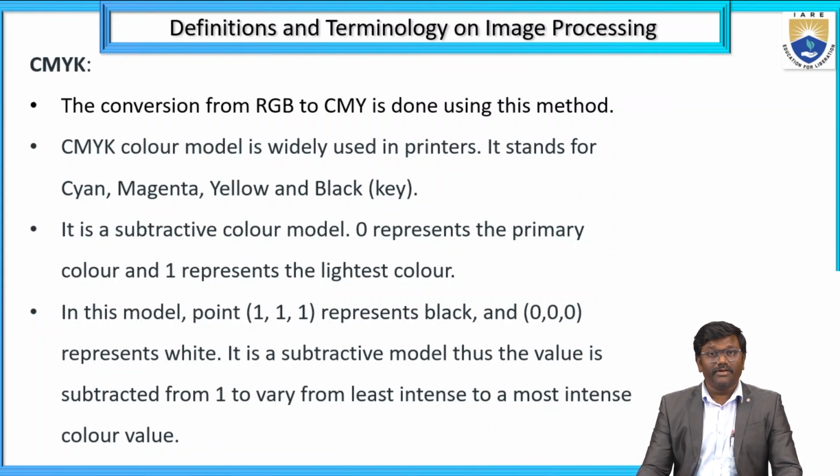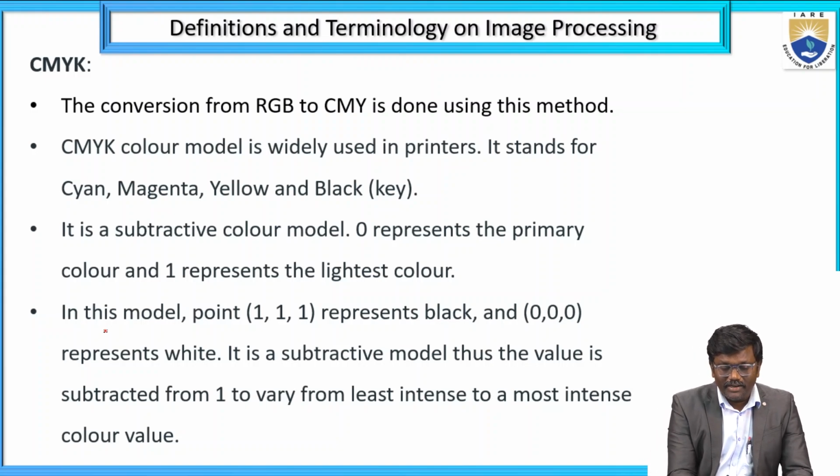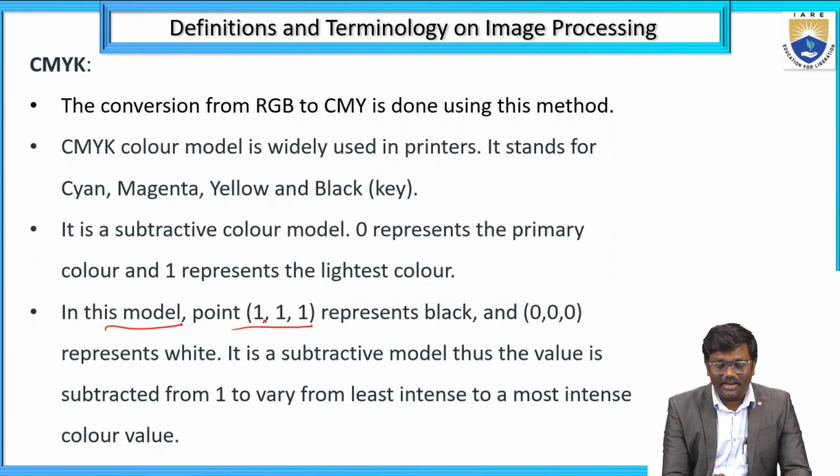It is a subtractive color model where 0 represents the primary color and 1 represents the lightest color. That is the latest color which we simply attain based on your prepared model. For example, in this model, your prepared point is a color model, that is RGB.